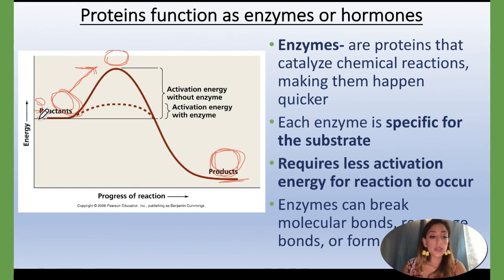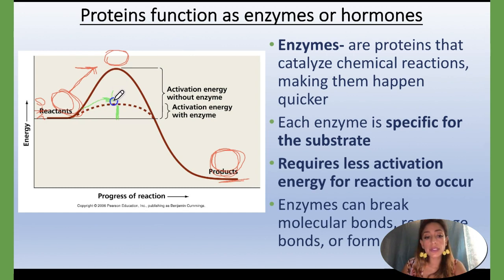So the enzyme is going to reduce the amount of energy you need to get that boulder up the hill, right? This from here to here is your activation energy without the enzyme. But we add an enzyme, so guess what? We're going to reduce the amount of activation energy you need. So now instead of getting the boulder all the way up there, you only need to get the boulder up to here because of the enzyme.